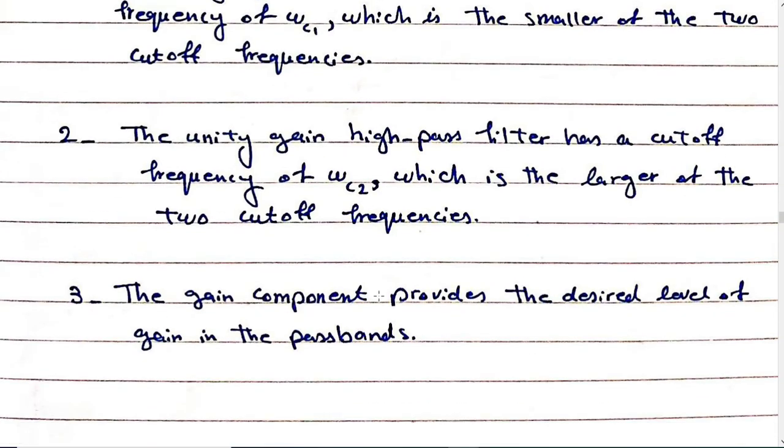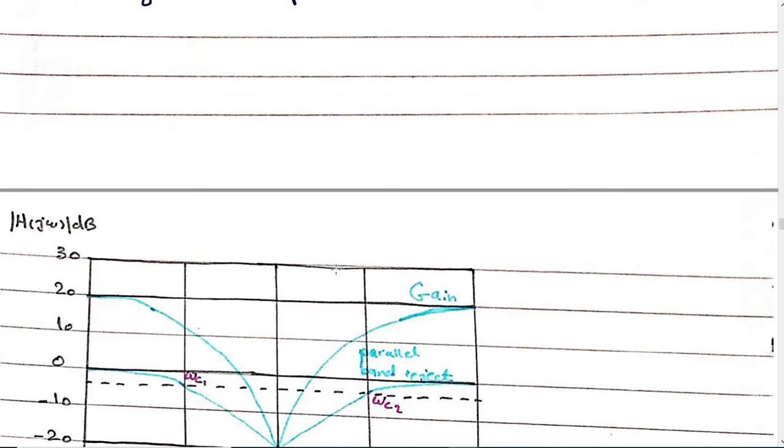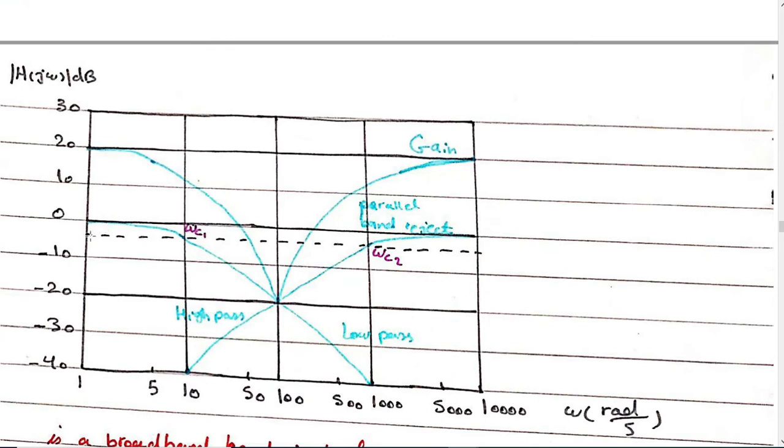And after that, we use a gain component to get the desired level of gain in the pass bands. So from here, you see omega C1 is the cutoff frequency for the low pass filter, and omega C2 is the cutoff frequency for the high pass filter. And after that, we use the gain circuit just to get the desired level of gain.